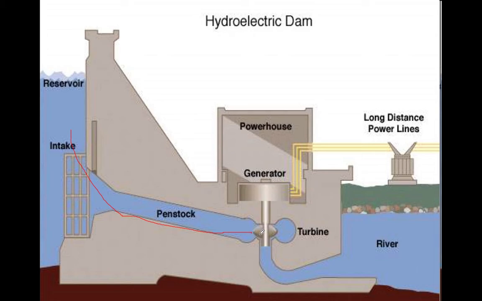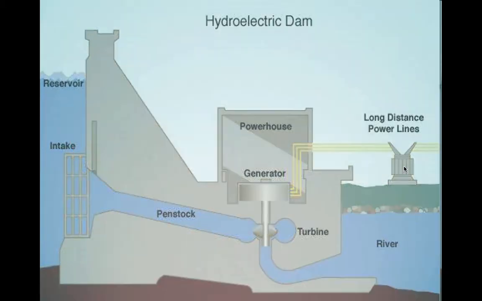I don't think any of us live up there, but that's just an example. So once again, high to low, spins the turbine, spins the generator in here, generates the electricity, and it gets sent off to our homes, businesses, whatever the case may be.